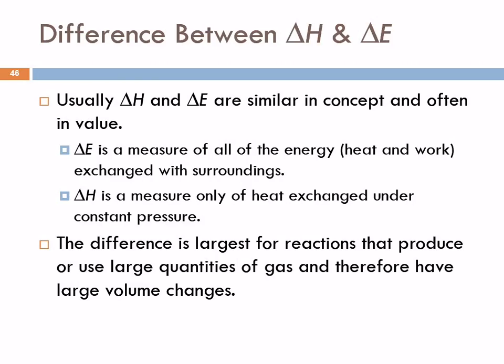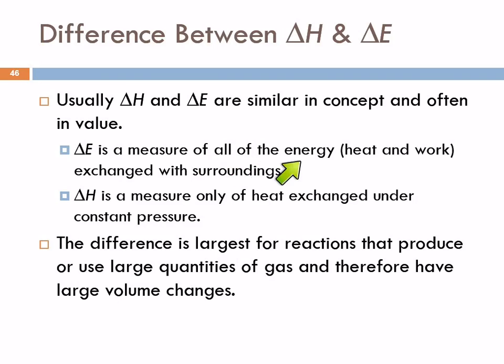Now, delta H and delta E are not the same thing, right? They're not the same thing because there's that PV term in there. But they're often similar in value, and they're definitely very similar in concept. So delta E is the change in internal energy.